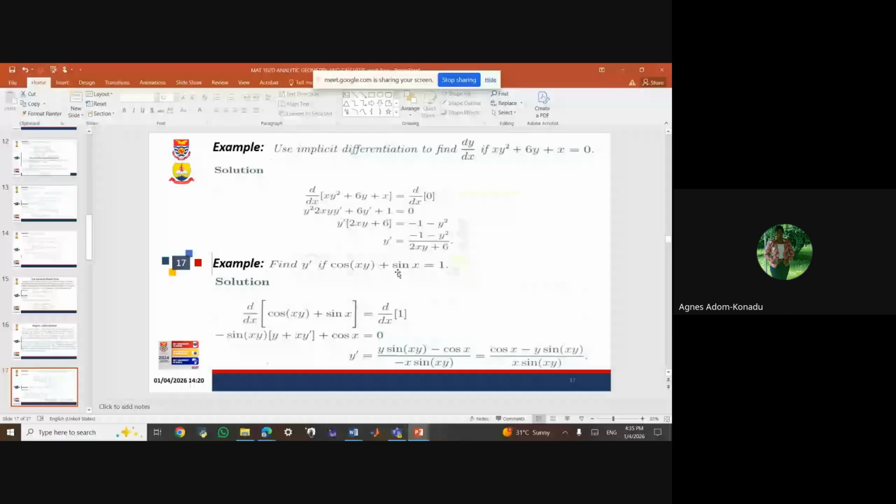Differentiate this. I have to differentiate this one, then I differentiate this.